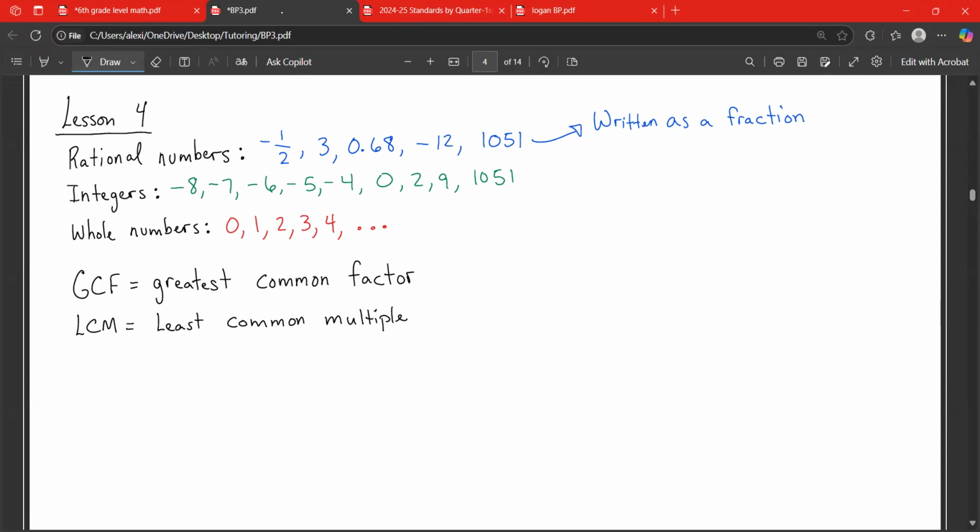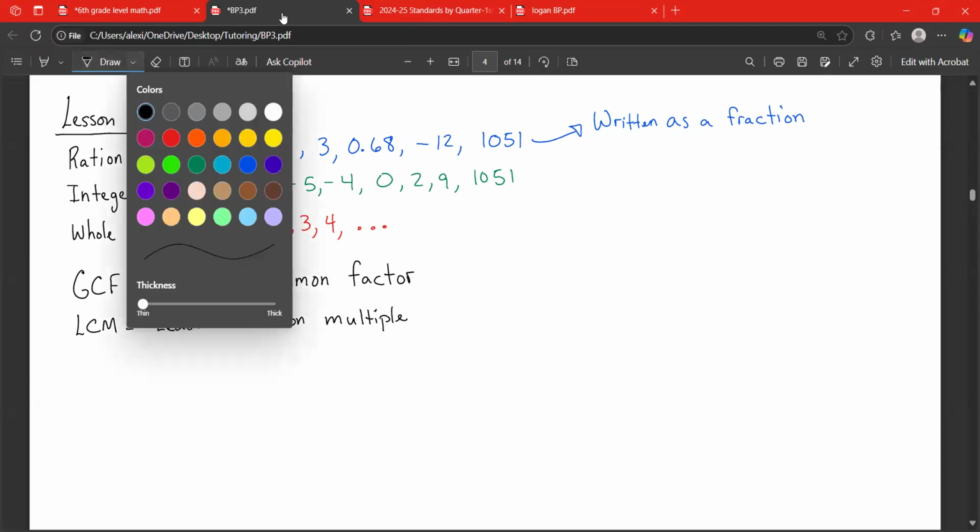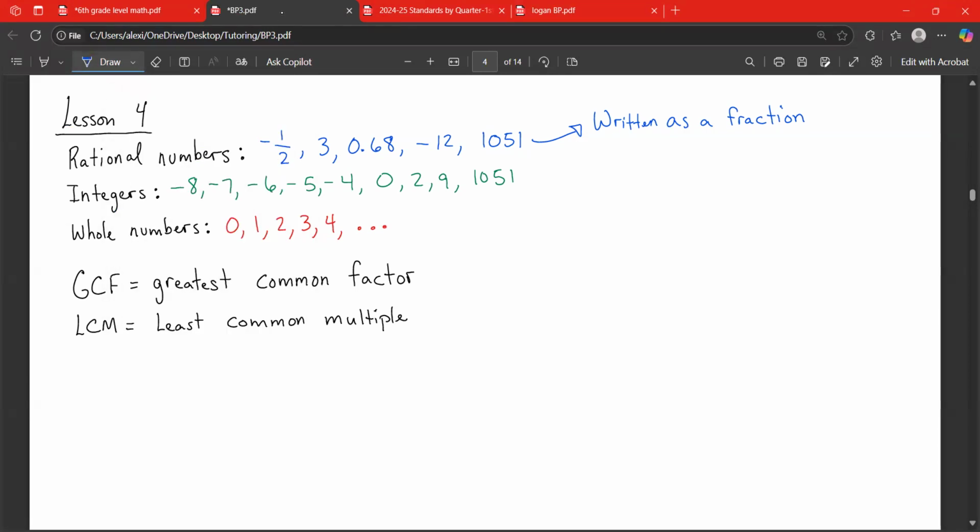So let's break down their names and let's see what they're trying to tell us. So what is another word for the greatest? Well, hopefully you said the biggest. Common. Common is what they share, what they have, both of them have. And then factor.